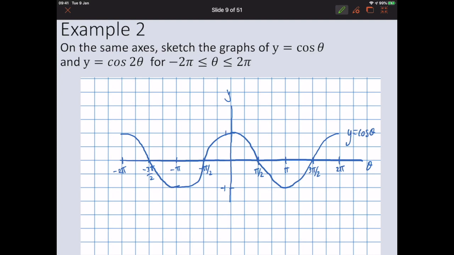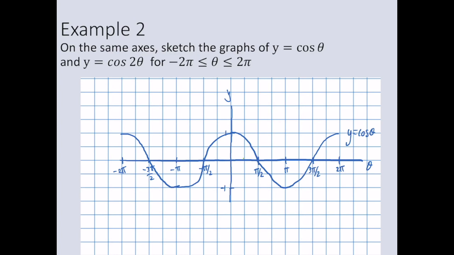Now, we've been quite crafty here because we've used 2 squares for every subdivision, so that means we can easily cut these in half. So we're going to come here, here, like this. There will be 1 full cos waveform. Back down, and up again. So it's going to look something like this.